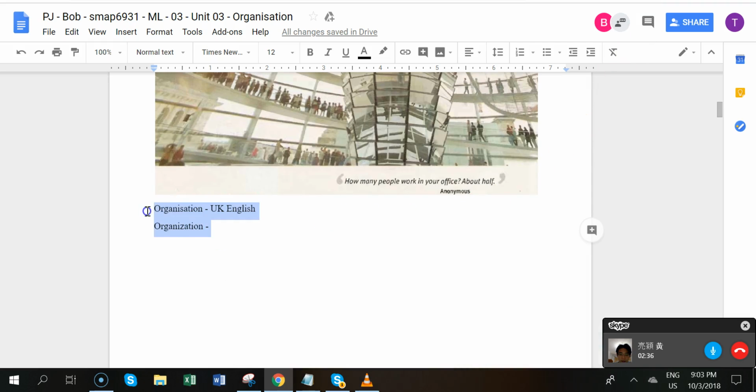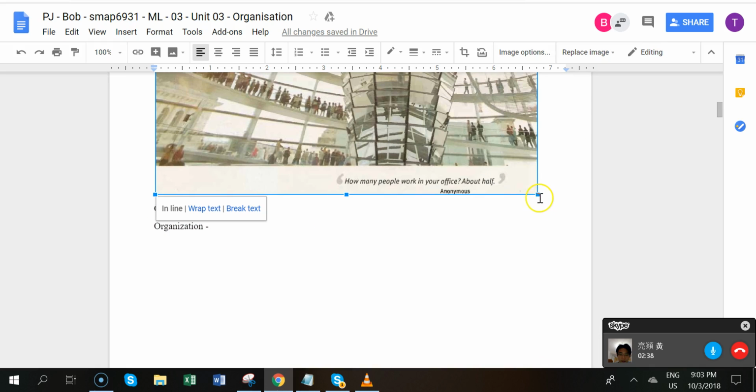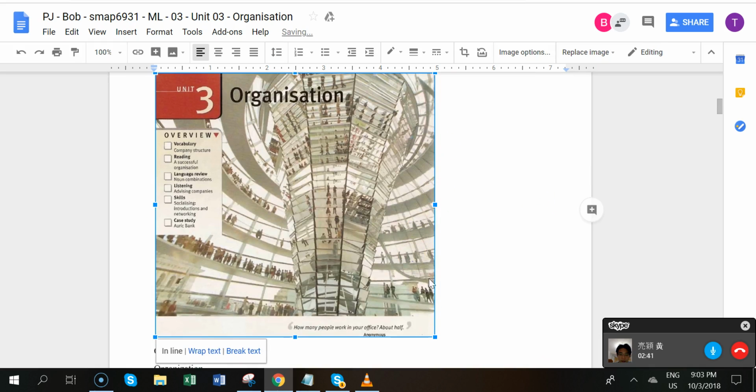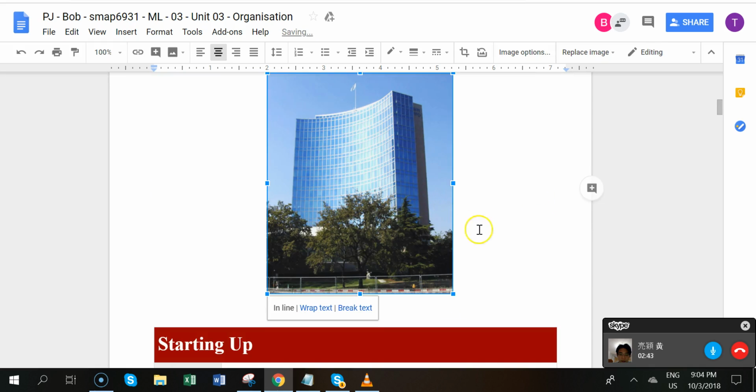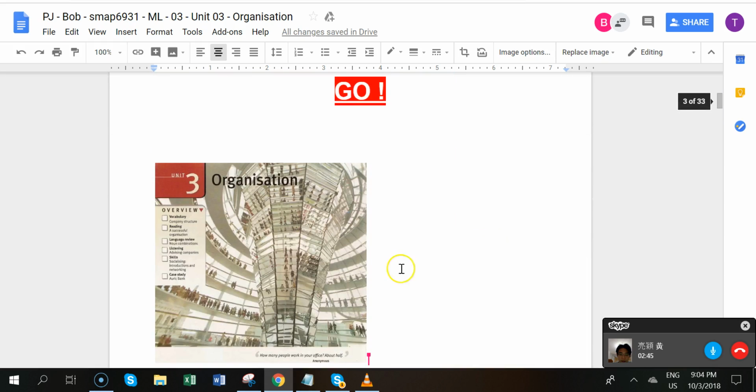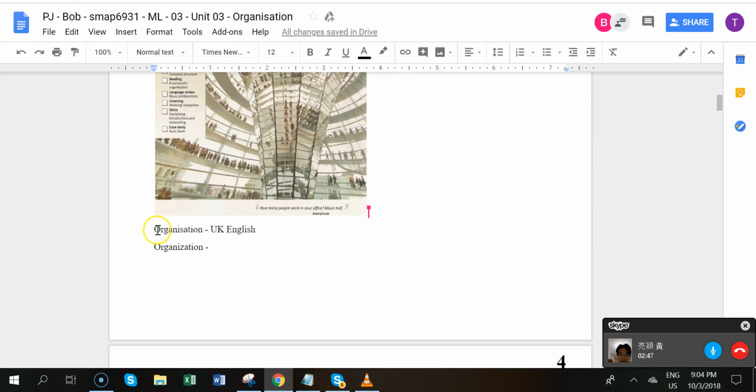So please go to the below of the image in our book. Can you see it? Here, the organization. Yes. Okay, so that is read as organization. How about this one? Can you read this one? Organization.